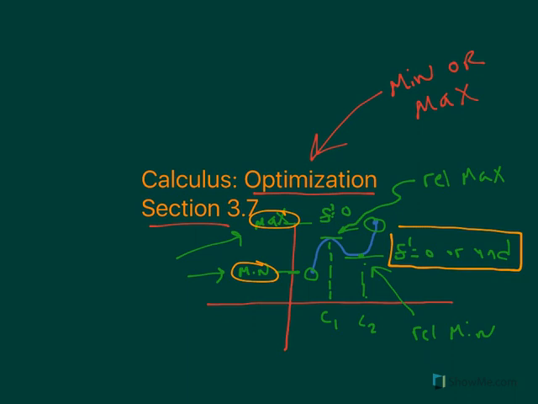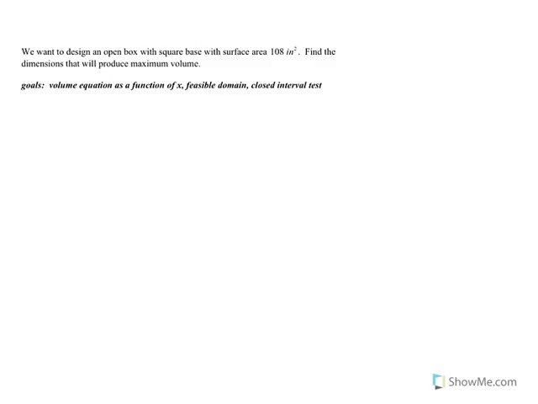Let's go ahead and do the example that is in the note packet. So here's our example. It says we want to design an open box that has a square base and a surface area of 108 square inches. Find the maximum volume. So we're going to be trying to maximize the volume function.